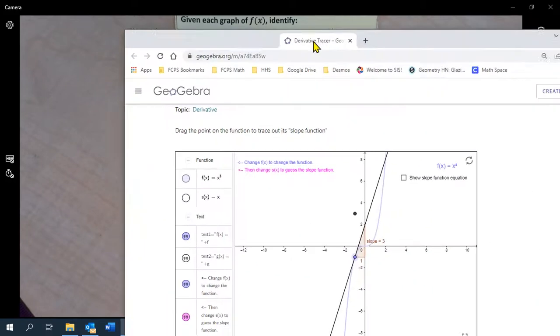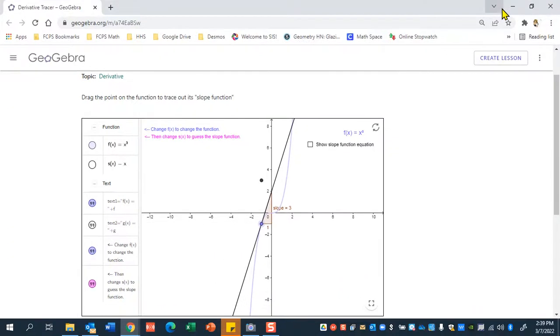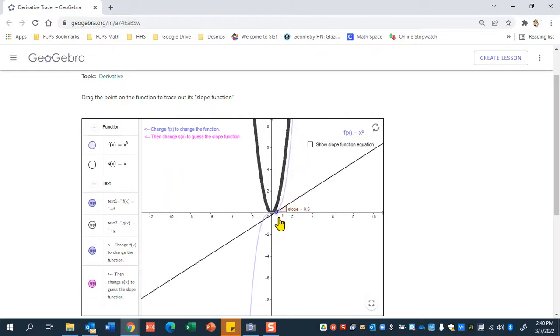So I want to remind you of a tool that is in your Schoology, and that is this derivative tracker where you can enter in an equation and then run the slope of the tangent line along that equation, and you can look at the derivative. So what you are going to be doing in this game is sketching what the derivative looks like.